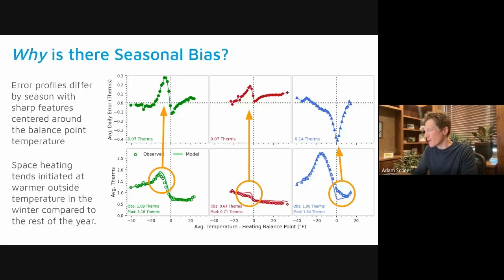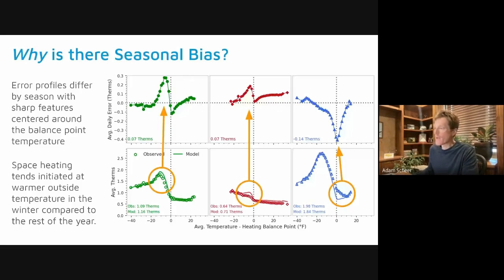But encoded in these error profiles is the information that, at least at a population level, this is showing us very clearly that the bulk of the error in the daily model in the winter is occurring right around the balance point temperature. And specifically, the model is dramatically under-predicting consumption right around that balance point temperature in the winter.